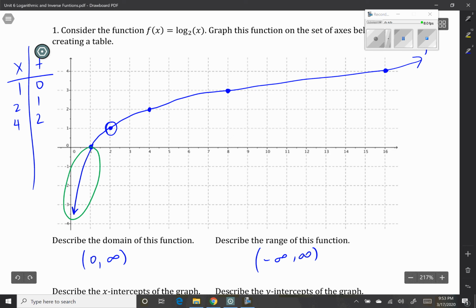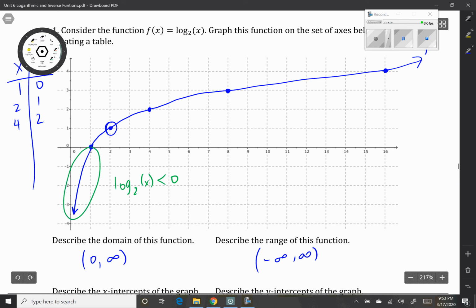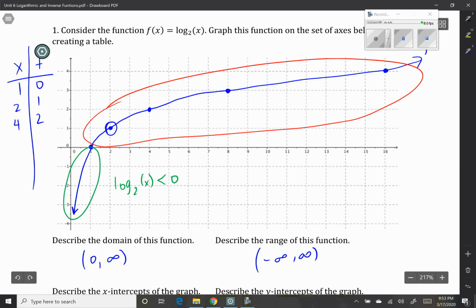So this part that I'm circling in green, this is where log base 2 of x is less than 0. The part here that I'm going to circle in red, this is the part of the logarithm that's greater than 0.